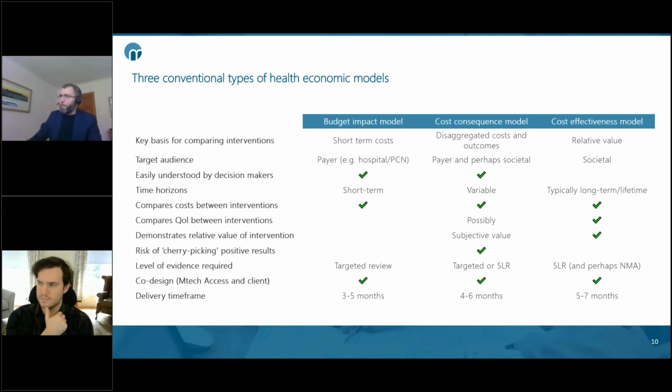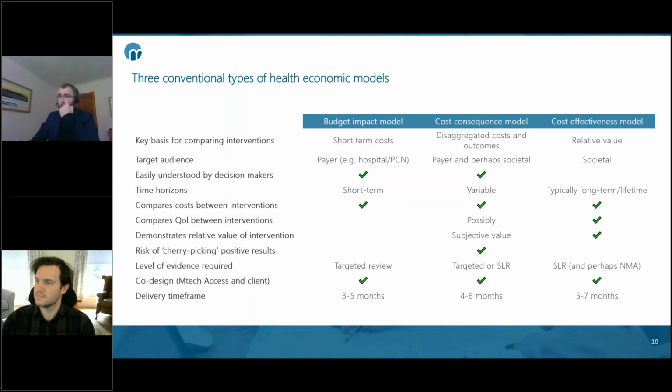And then the cost effectiveness model looks at combining, in an efficiency sense, the cost and benefit of this new medtech asset relative to its comparators. So thinking about how much more we have to spend to attain one more unit of the health benefit that we are targeting.